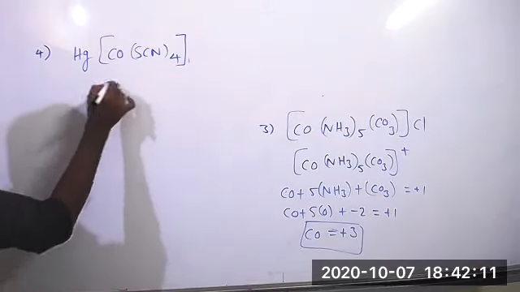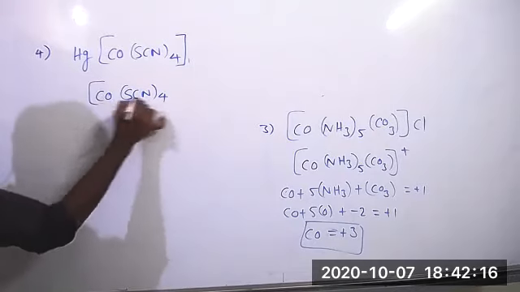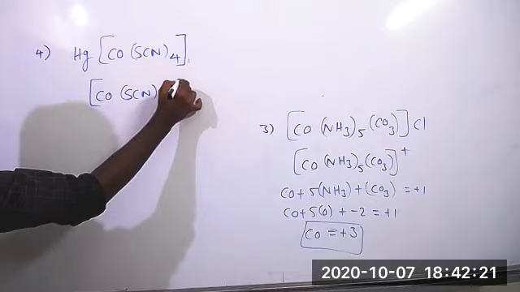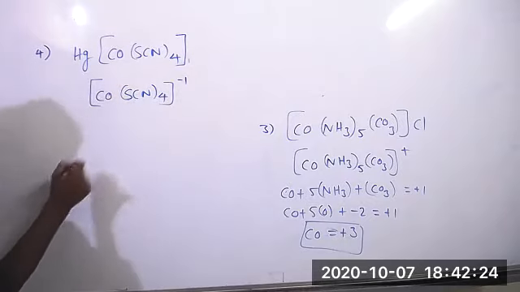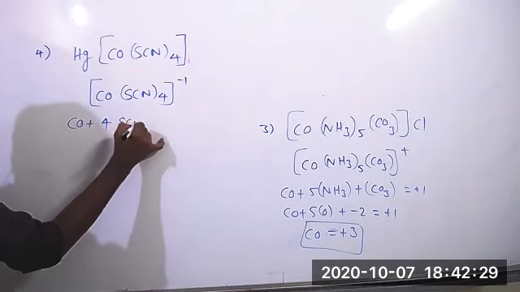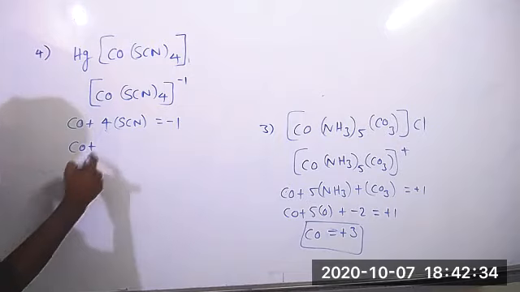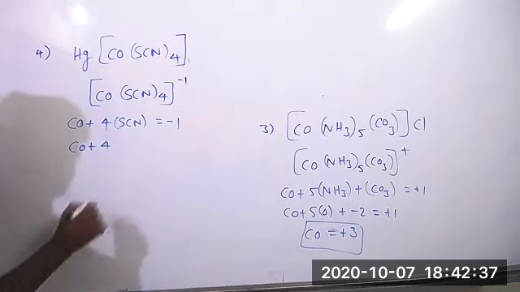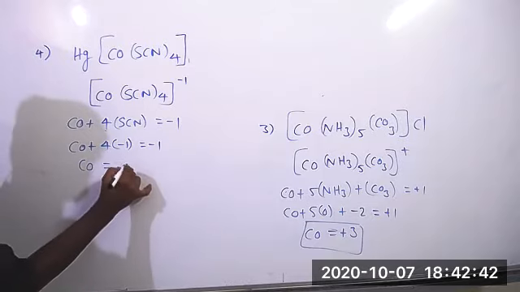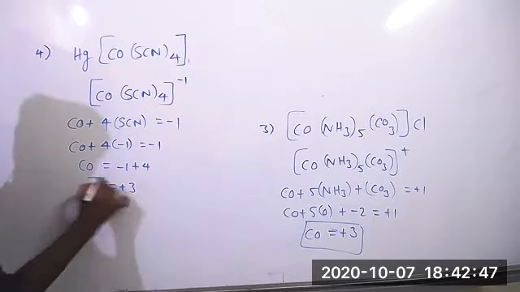Here comes the counter charge -1. [Co(SCN)4] is -1. This is +1, no? Counterbalance -1. Cobalt plus 4 thiocyanates equal to -1. Now, how much charge does thiocyanate carry? -1. Cobalt plus 4 times -1 equal to -1. So cobalt -1 plus 4, plus 3.